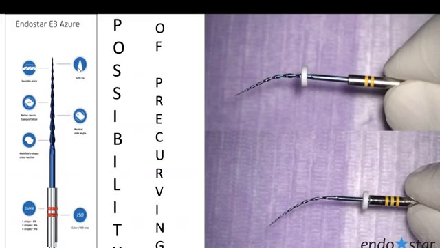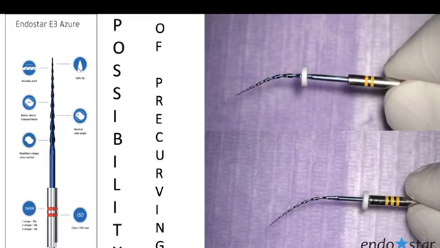And if you see on the right, you will see that we can bend the instrument. So by bending the instrument, it will be possible for me to go inside curvature, and to go when we have a difficult access during the treatment. Look at this. I can bend the instrument because this instrument is a Martensite instrument.